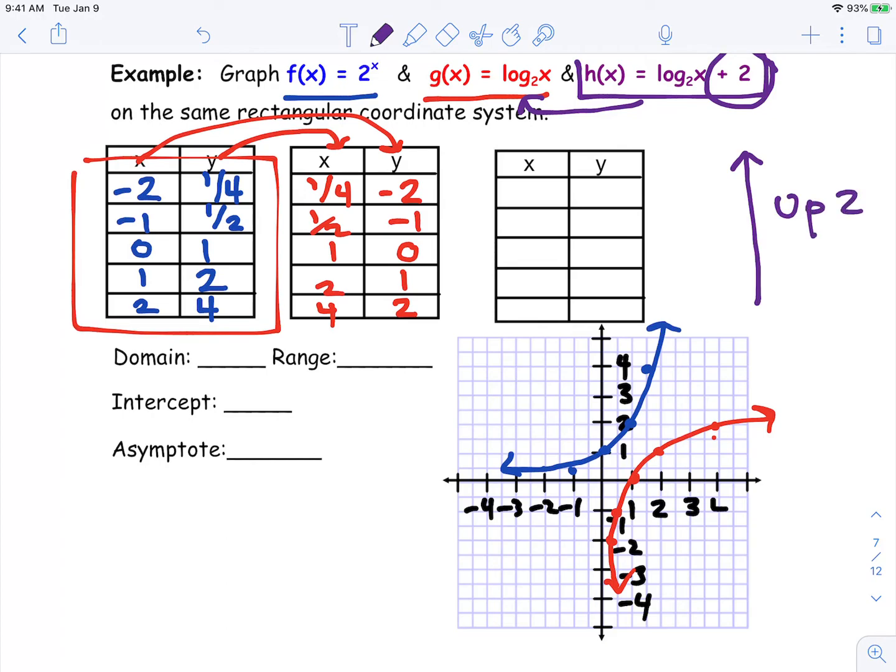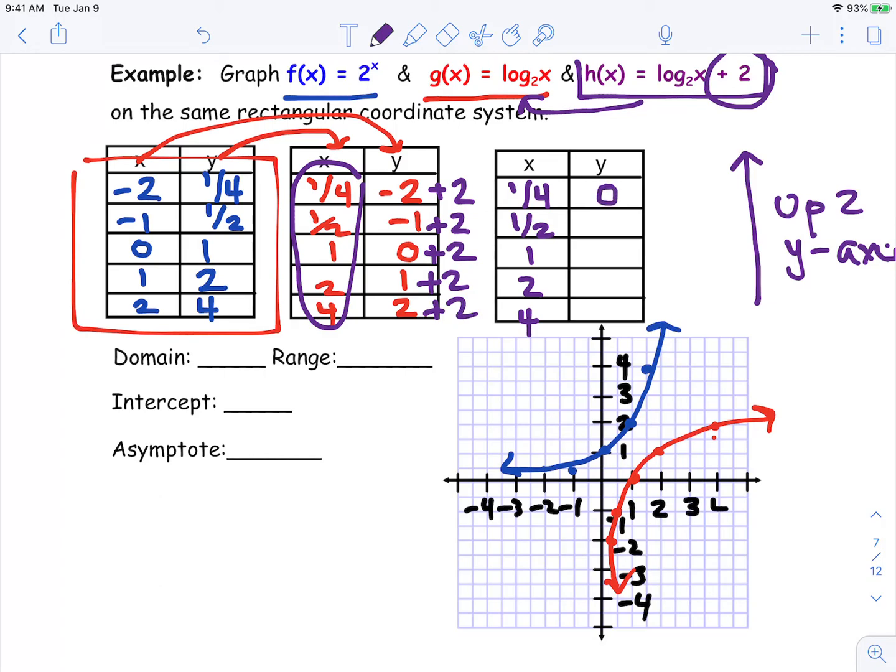So this is a change on the y-axis. So we're not changing the x values, so those are going to stay as they are. And now each of these are moving up 2 units. So we're going to get 0, 1, 2, 3, and 4.